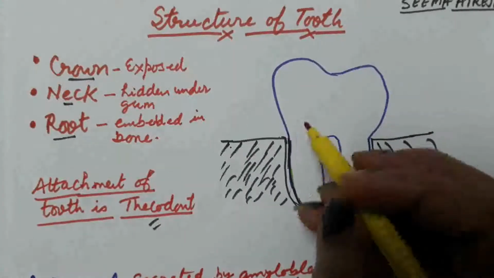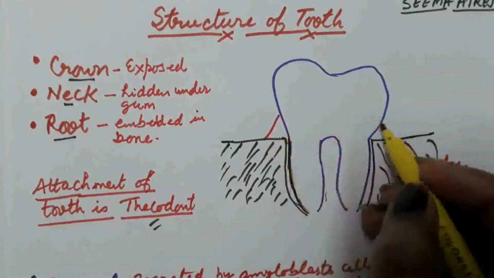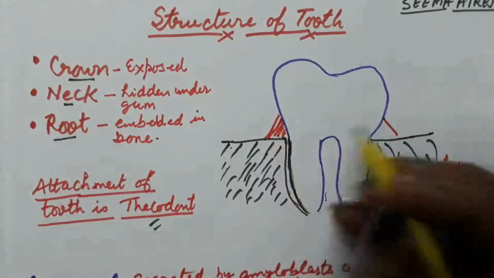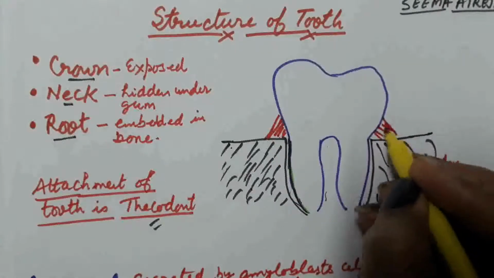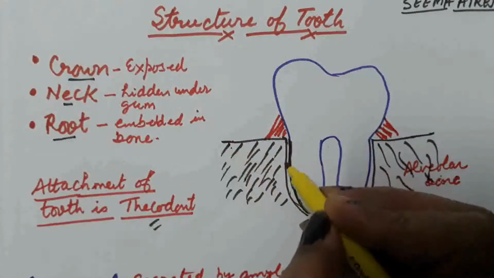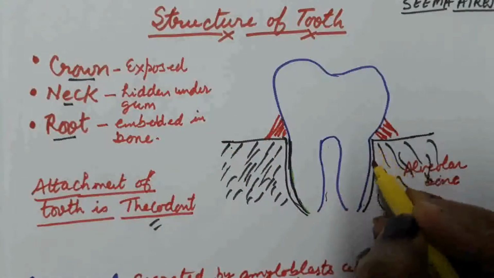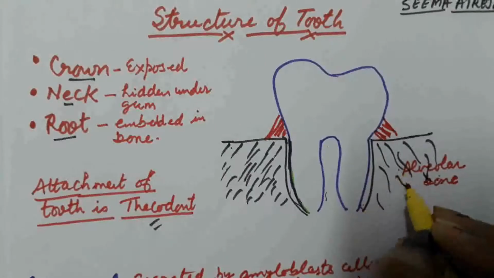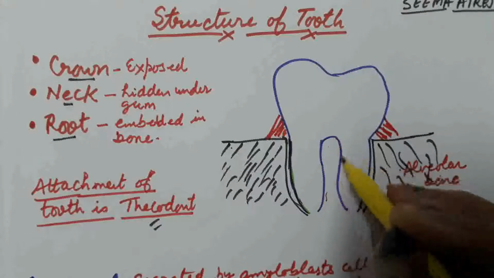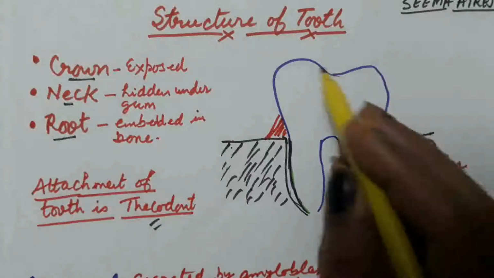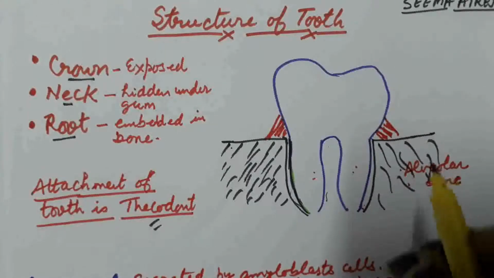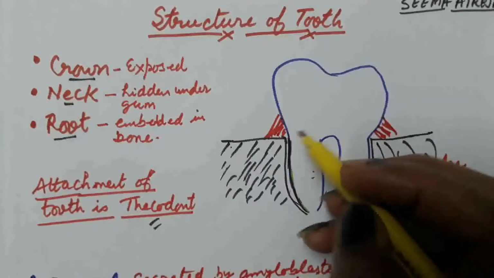Here I mark the gums. These are the gums. In this alveoli or socket of the alveolar bone, this blue line shows the tooth which is found embedded in the alveoli of this alveolar bone. This part is showing gum.